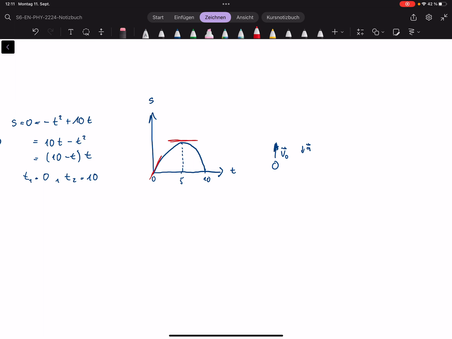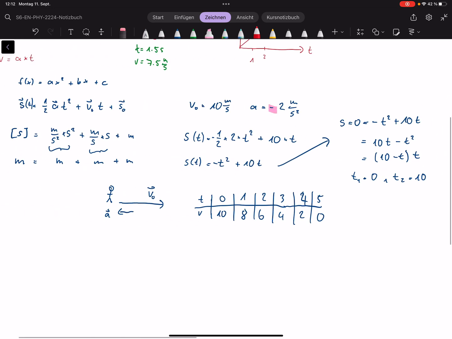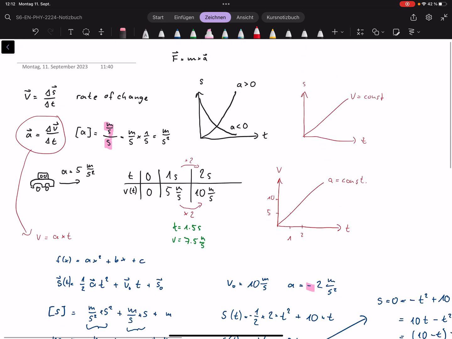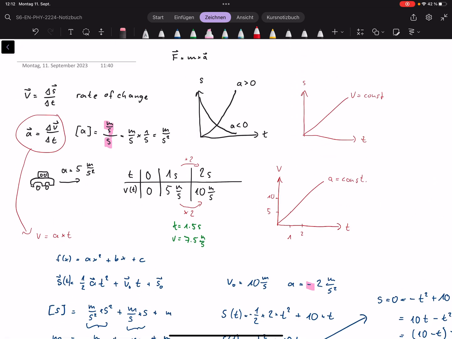The gradient is 0, so here v is 10, here v is 0, and since the parabola is symmetric, we can conclude that v is equal to minus 10 here when it, I don't know, hits the ground or comes back or something. So yeah, that's about all that I wanted to demonstrate here in this video.